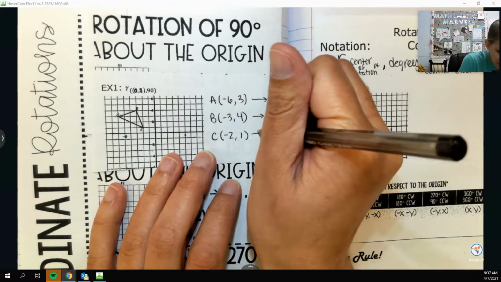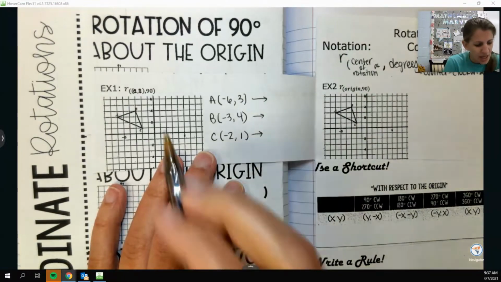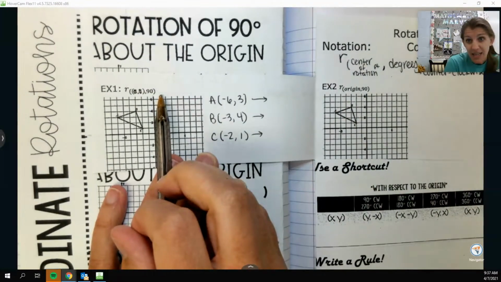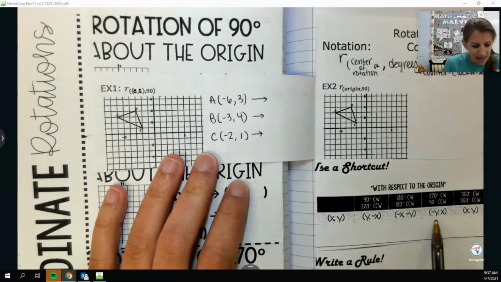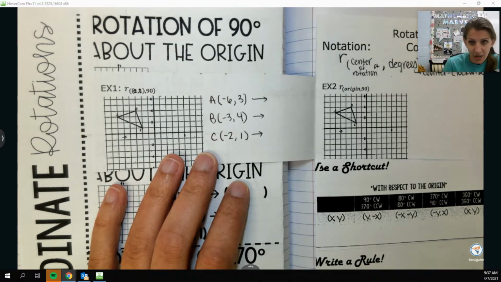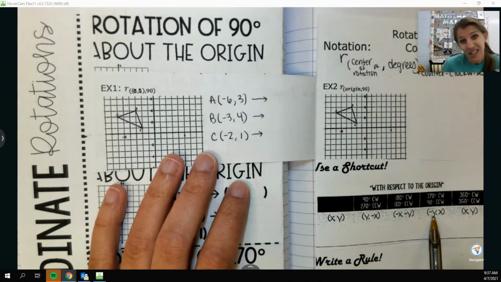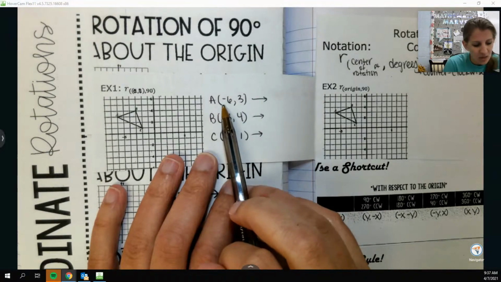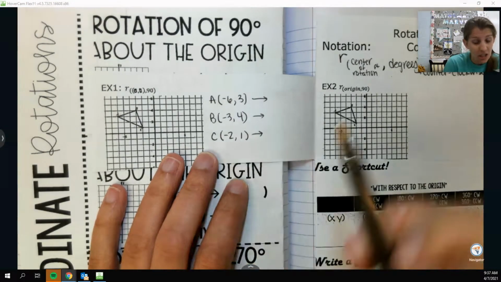If I take these through my transformation of 90 degrees counterclockwise, this is showing me I need to swap and then change the sign on the first one, which is kind of weird and confusing because it shows y, but when I swap these, y becomes x, but I still need to change that one.